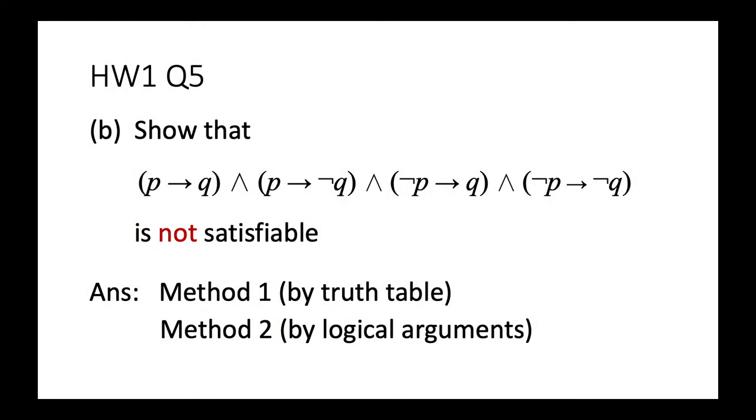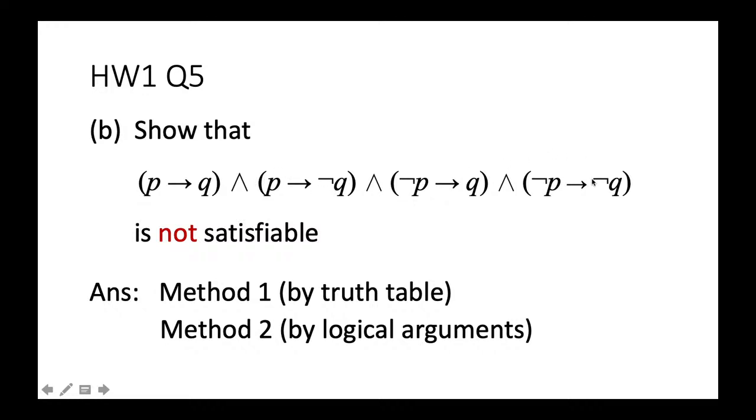So we have actually 4 things to see, but we will see that no matter what happens, one of these parts, P implies Q, P implies not Q, not P implies Q, and not P implies not Q, has to be false. Because one of them has to be false, and we have these 4 parts together, no matter what happens, one of these 4 parts will be false.